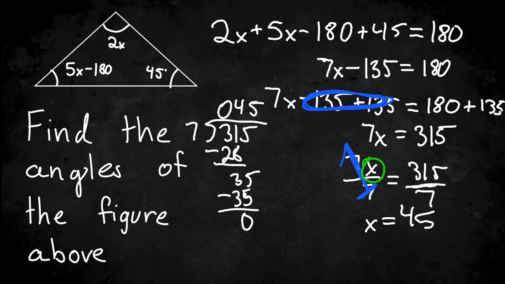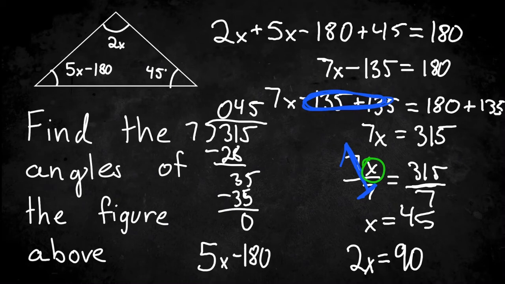So you have 2x, which is 45 times 2, and that equals 90, right? Then you have 5x minus 180, so 45 times 5 is 225. 225 minus 180 equals 45, right?